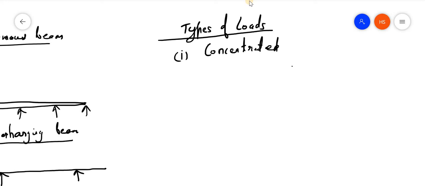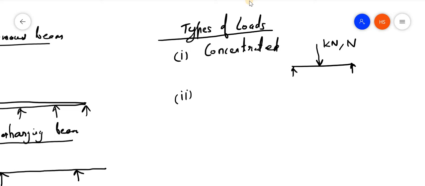That means a load acting at a point. For example, I am having a beam like this, and a load acting at one point. That is meant by concentrated load. The unit of this load is kilonewton, or newton, or kilogram force, or it can be in kilogram.